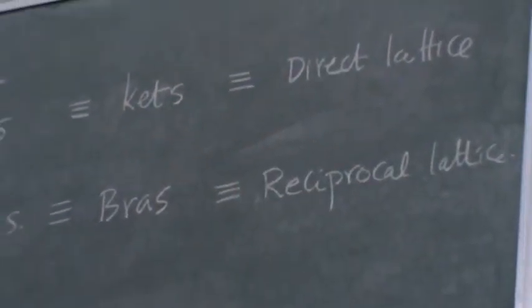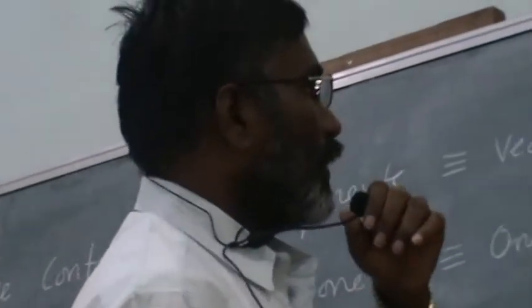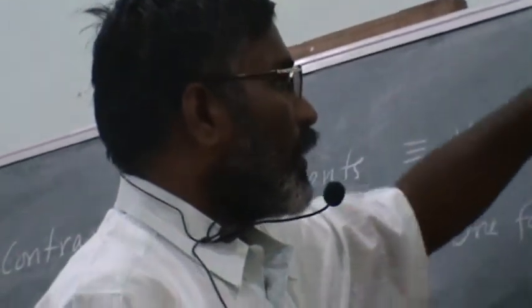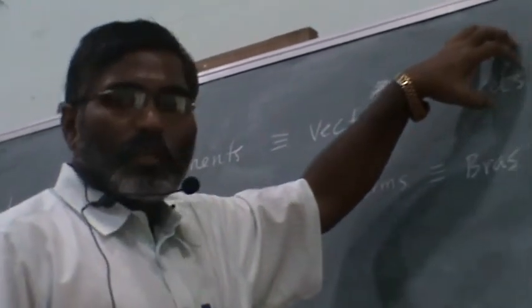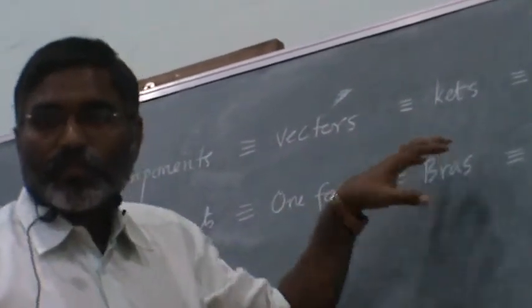So can we call it a Fourier basis? Yes, in a particular context, if this is a coordinate basis, this will be momentum basis. Yes, in some sense you can.